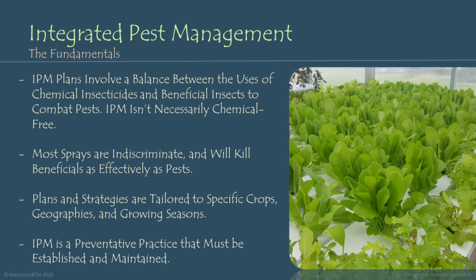Integrated pest management strategies are not a good solution for addressing a pest outbreak in your greenhouse. So having no IPM plan established and then trying to quickly establish an IPM plan when you see an outbreak of aphids or whiteflies or thrips isn't going to work. And we'll really dig into the reasons why when we talk about prey-predator relationships and the rates at which certain greenhouse pests can reproduce.